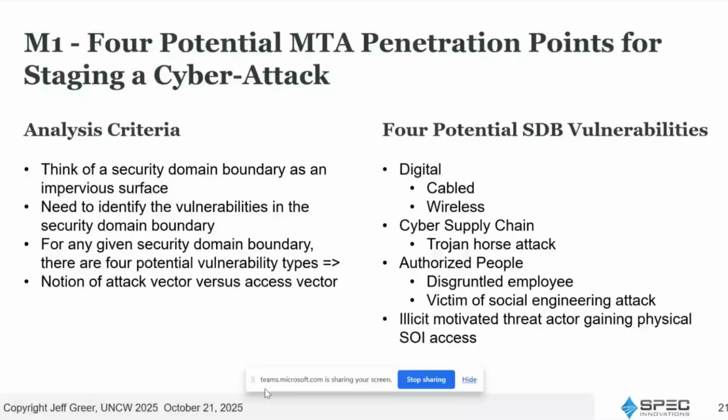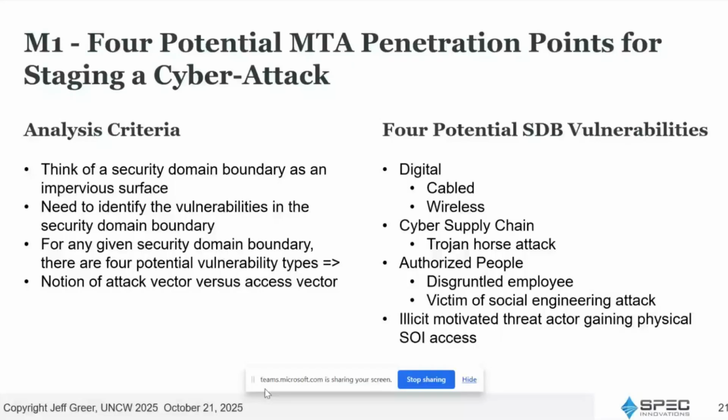So if you study this long enough, for any given security domain boundary, there are 4 potential vulnerability types. The vulnerability types are digital, cyber supply chain, authorized people, and illicit motivated threat actors gaining physical access to the system of interest. So what penetrates the box digitally, it can either be a cable or it can be a wireless communication.